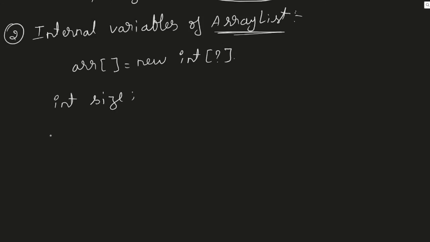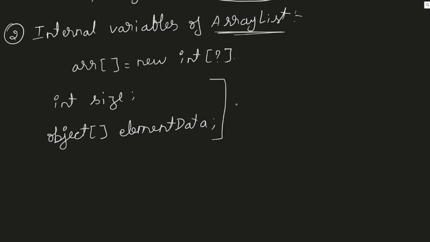And one more thing, as I have mentioned, ArrayList is nothing but a group of objects. It will have an object array with a reference variable, elementData. That's it. These two are the declared variables inside the ArrayList class, wherein elementData is the internal array that stores the actual elements, whereas size defines the exact number of elements currently stored inside this elementData variable. I hope this concept is clear.